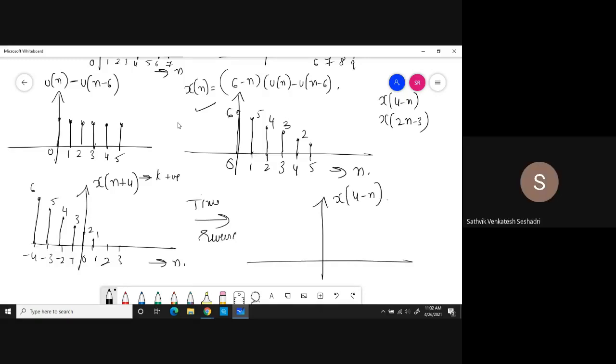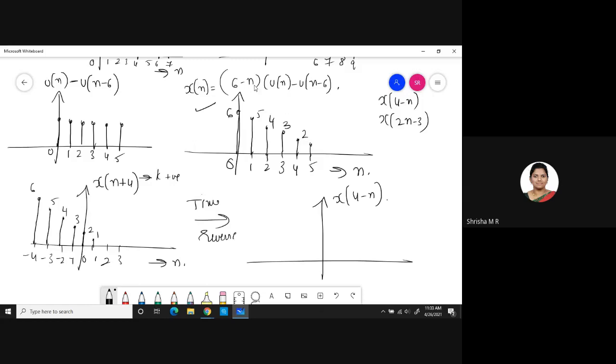Ma'am, can you explain the 6 minus n into u of n minus u of n minus 6 part? Yeah, you have u of n minus u of n minus 6. That means you have samples from 0 up to 5, correct? So 6 minus n. At n equal to 0, put 0 here.